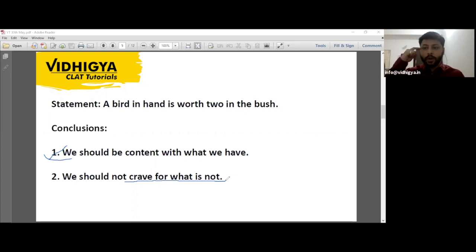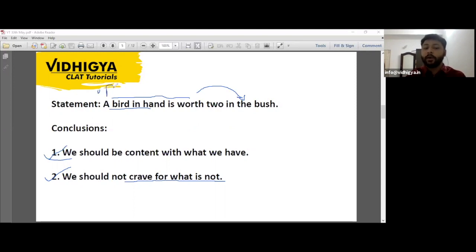You are not supposed to work upon this thing, that whether this is practicable or not. So second one, we should not crave for what is not. Seems like हमें ऐसा नहीं करना चाहिए, हमारे पास गोल होने चाहिए, but you should consider this option because it reads that a bird in hand is worth more than two in the bush. So this one is the priority here.